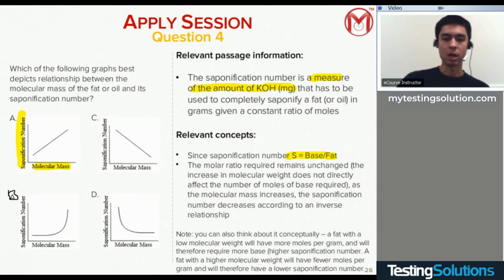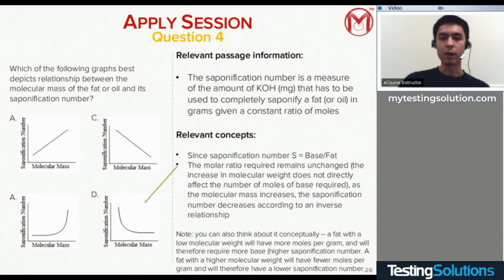So as this denominator, this mass, increases, the value of this expression, base over fat, decreases, so the saponification number decreases. This is an inverse relationship. Okay, so it should have this curve. It's not going to be linear because inverse relationships are not linear decreases.